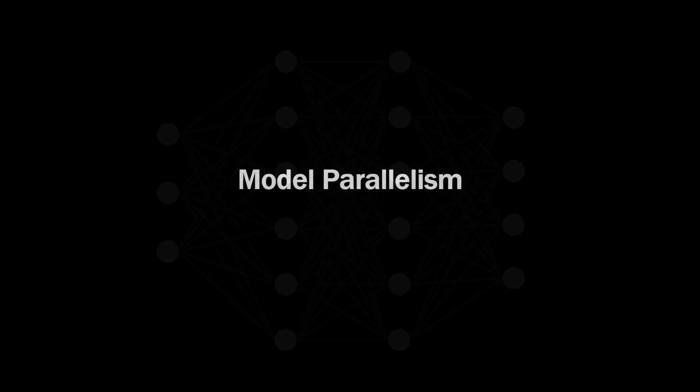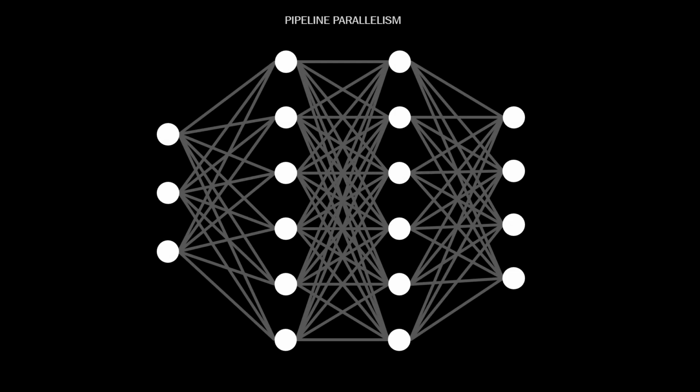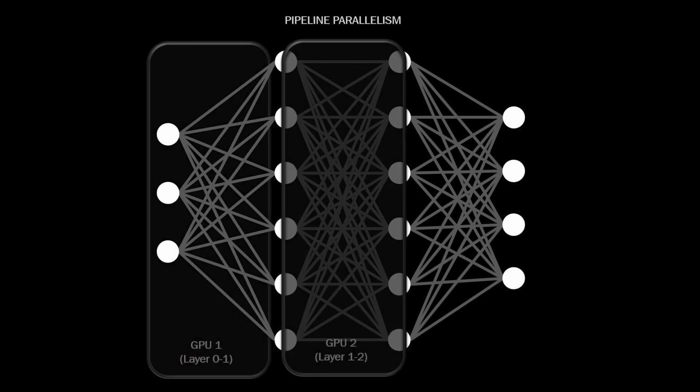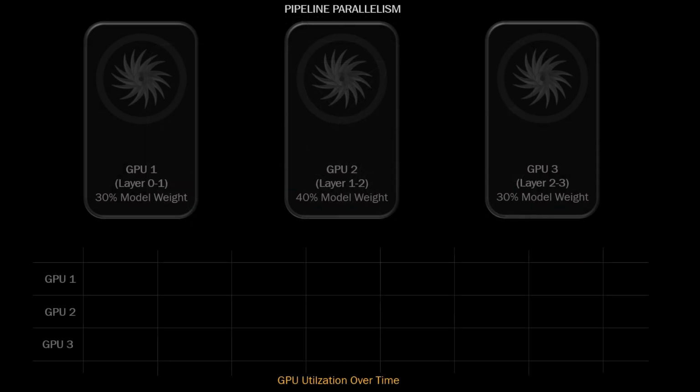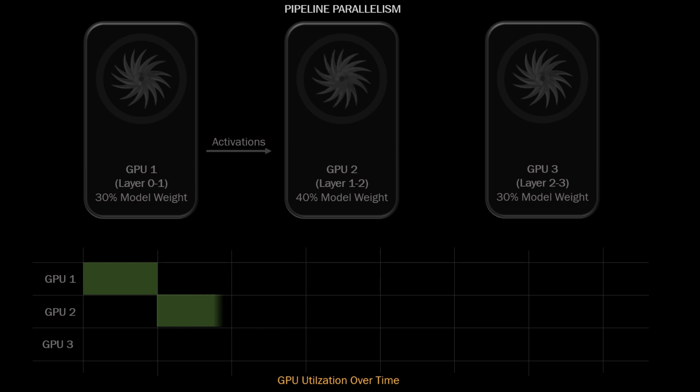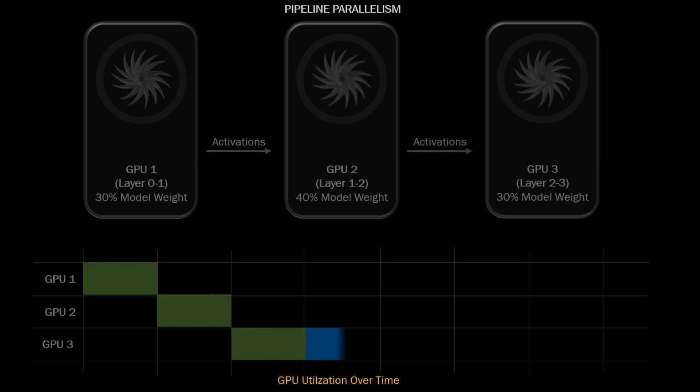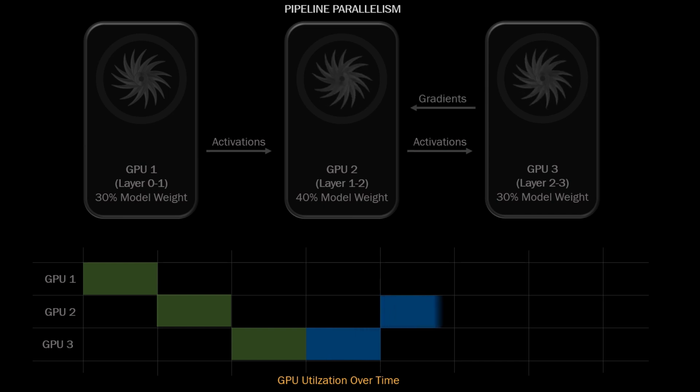One type of model parallelism is pipeline parallelism, where different model layers are distributed across multiple GPUs. Each GPU processes a portion of the model and passes the activations to the next GPU in the pipeline. However, this approach leads to inefficient GPU utilization, since each GPU has to wait for the previous one to finish before starting its computation.